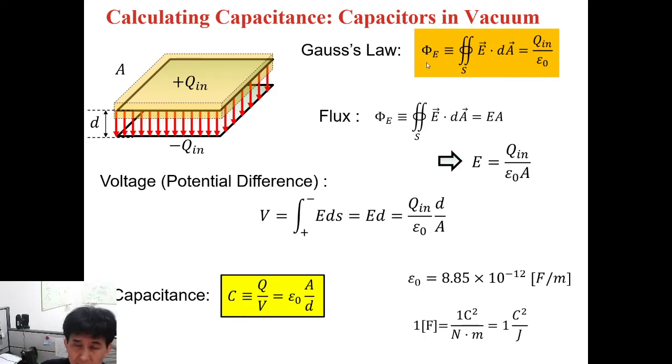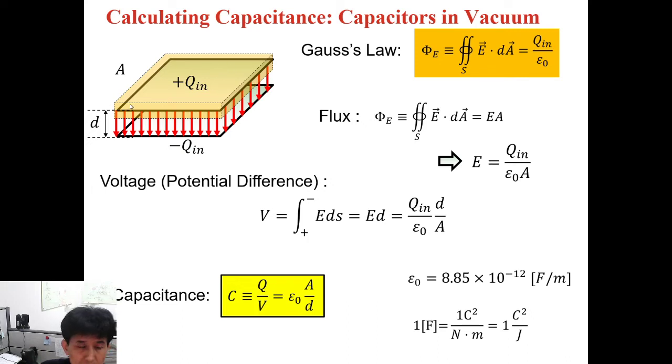Then by applying Gauss law, the total flux out of this plate, which is equal to electric field times the area, is equal to Q within the volume.